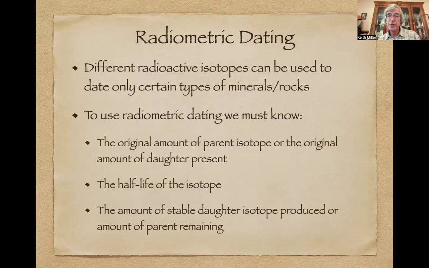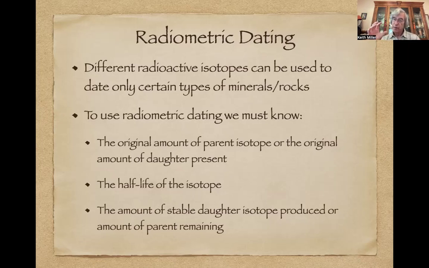Different radioactive isotopes can be used to date only certain types of minerals and rocks. In other words, you can't just pick up any old rock and say, oh, I'm going to date this using uranium lead. You have to have the right kinds of minerals that are capturing those radioactive elements and or stable daughter products.